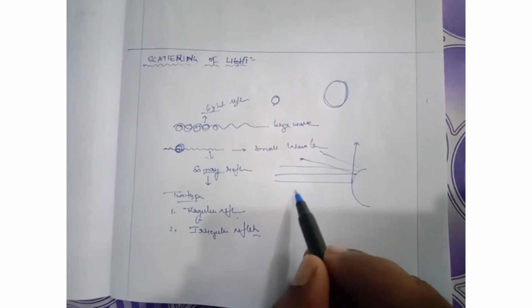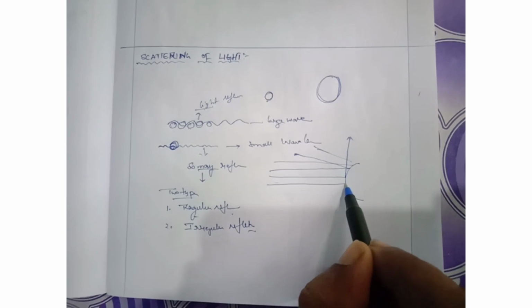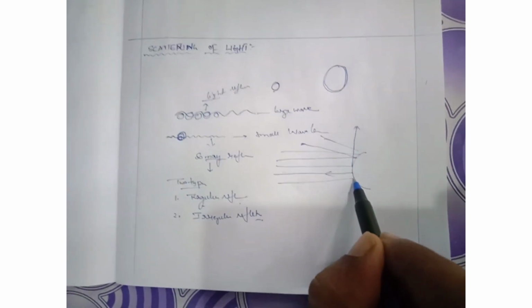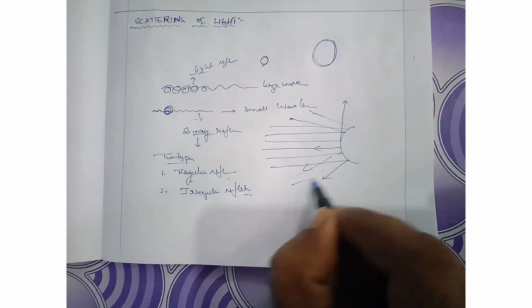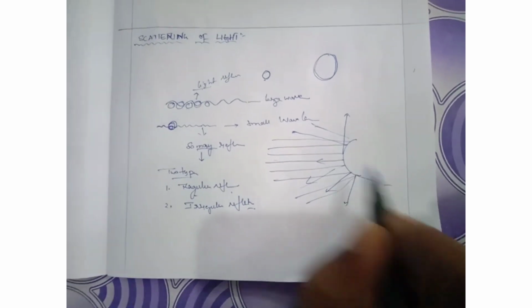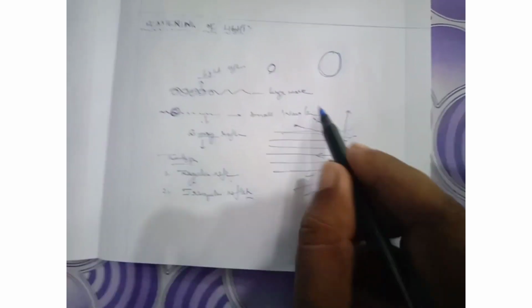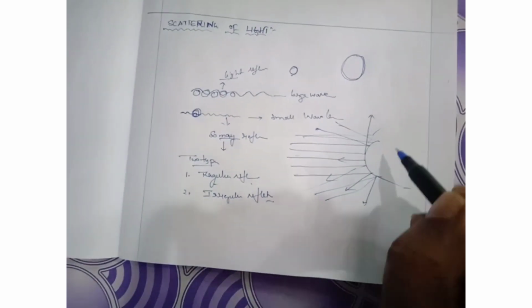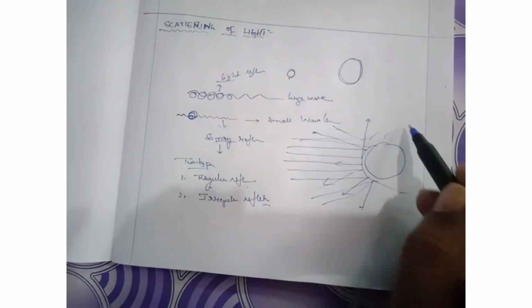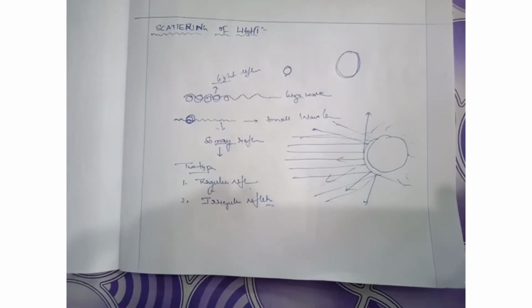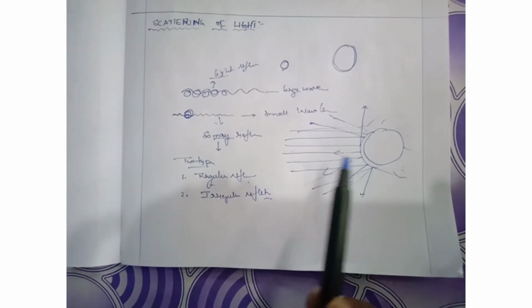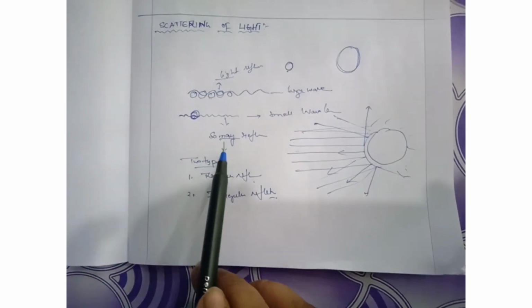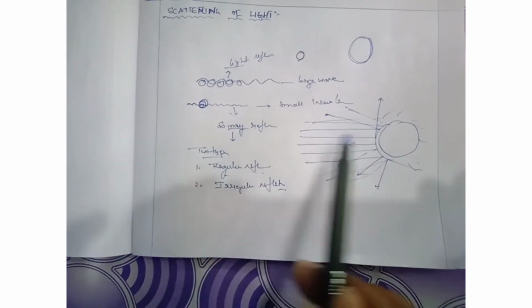We already discussed this in the previous chapter on lenses. So the small wavelength has a large reflection around the particle. This is regular reflection also.